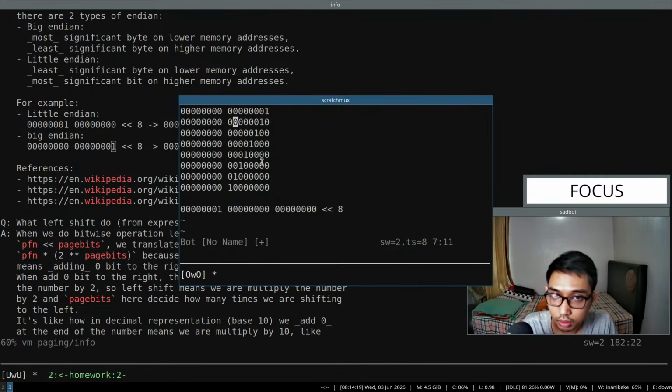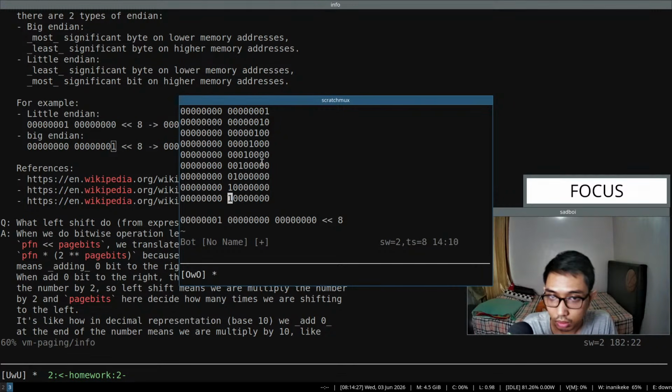Okay, wait a minute. 1, 2, okay, 7, and then we are going into the next byte here. Oh, okay. Little endian is not correct.